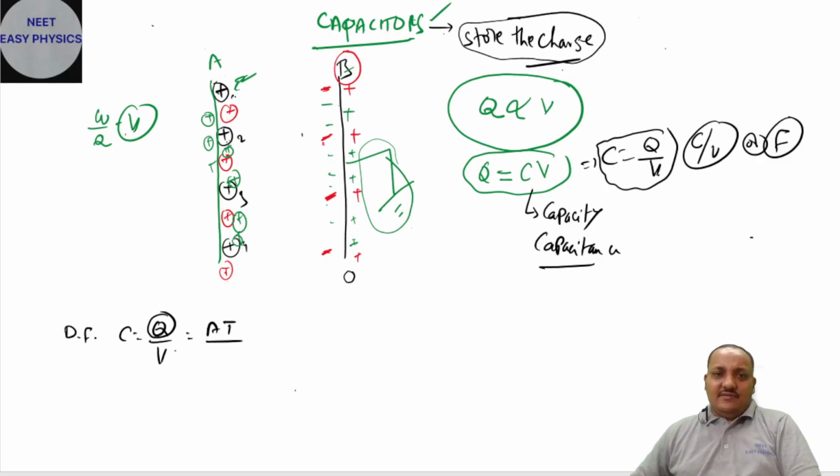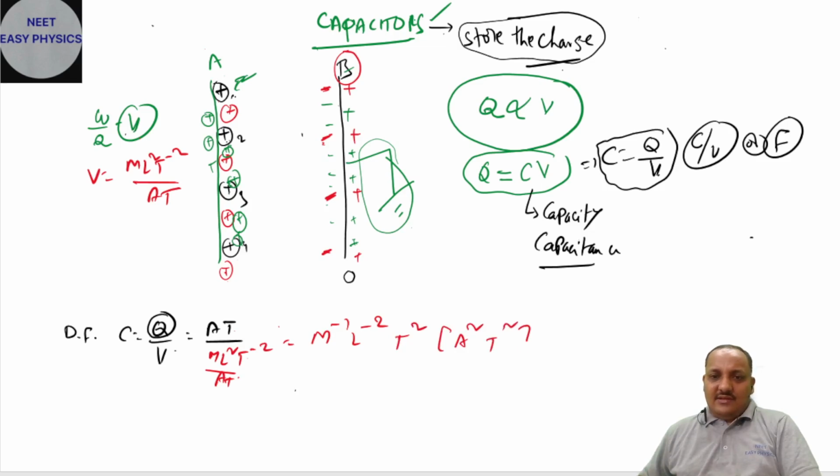Potential definition: V is equal to W by Q. The work done is ML²T⁻² divided by AT. So M⁻¹L⁻²T² is going to the numerator, T², so AT into AT, A²T². Finally you are going to write M⁻¹L⁻²T⁴A². Correct? The negative dimensions in mass.